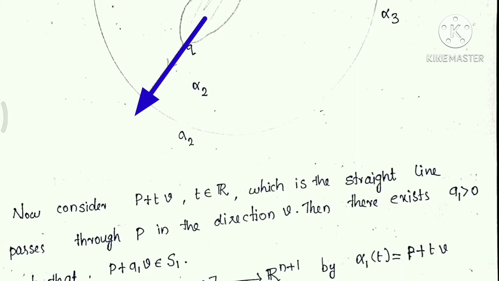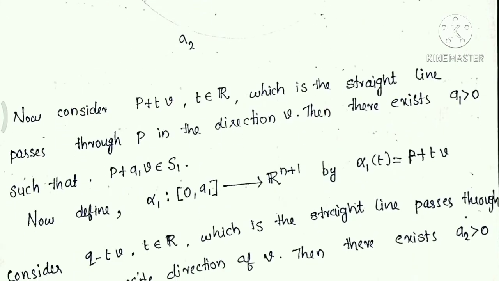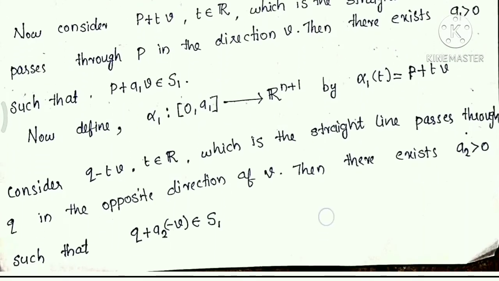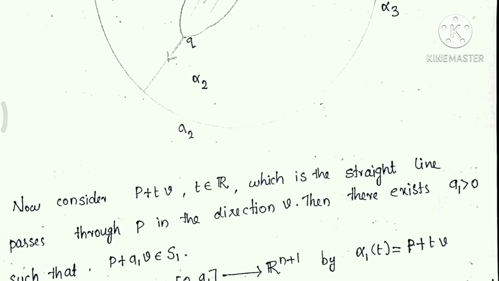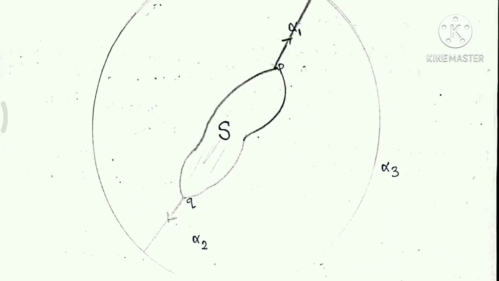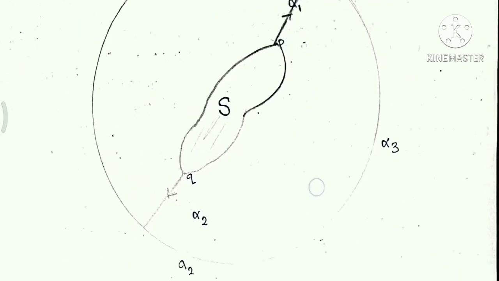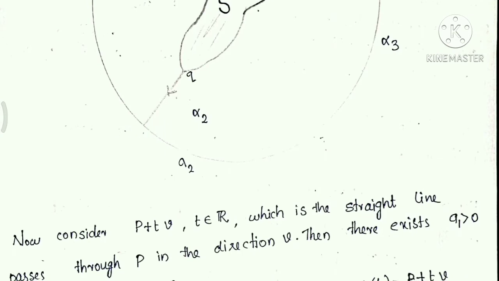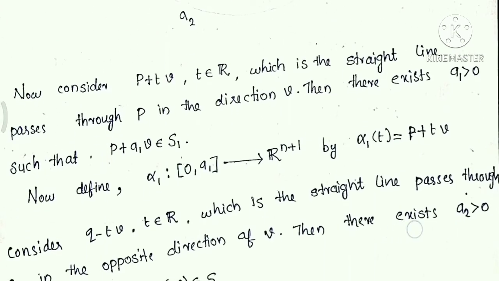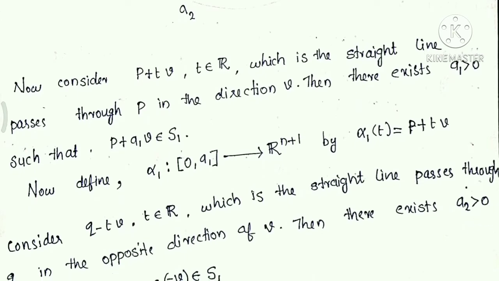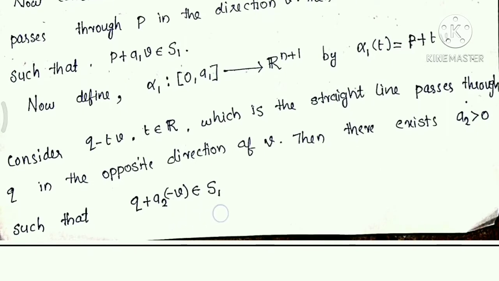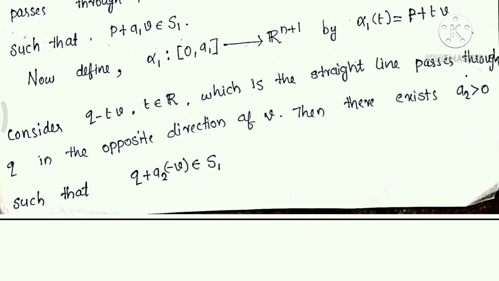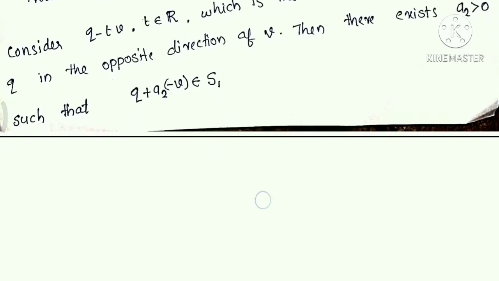This straight line passes through the point Q in the opposite direction of V. Then, as we said in the case of alpha 1, we can find a point A2, that is, there exists A2 greater than 0 such that Q plus A2 times minus V belongs to S1.